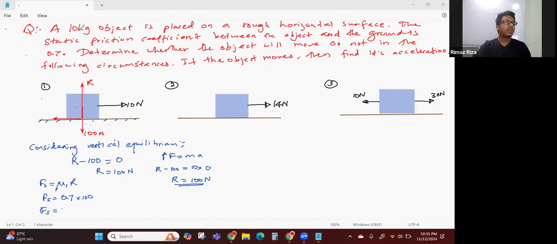Hold on, 10 kilogram, so mg is 100 Newton. Therefore Fs equals 0.7 into 100, 70 Newton. So the maximum force is 70 Newton. Therefore here we applied 10 Newton, so the friction will also be equal and opposite, 10 Newton.